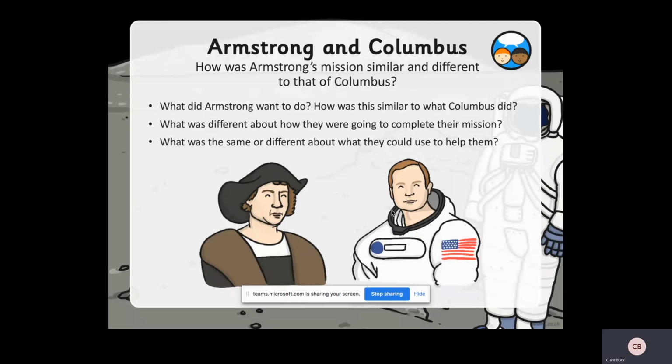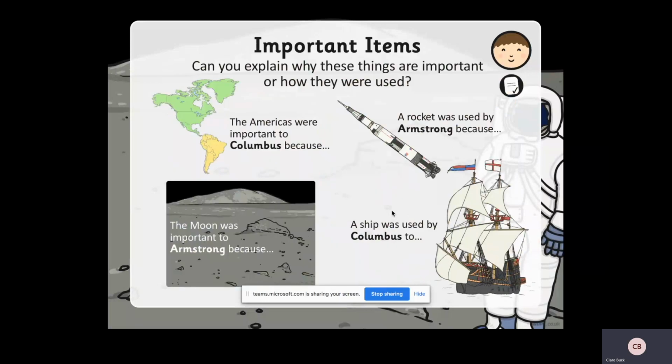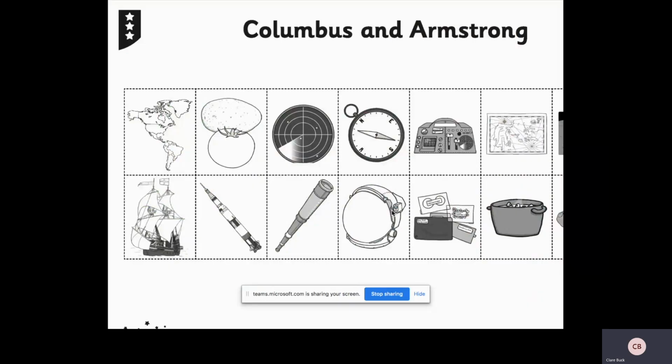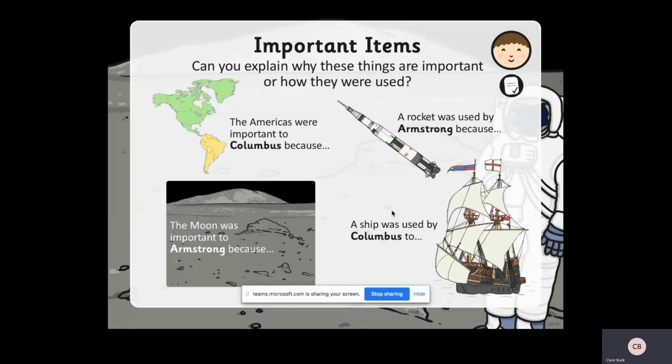So your activity today is to have a look at these items, and they'll be on a little sheet like this that I will attach to the PowerPoint. You're going to have a look at these items, have a think about which ones would belong to which explorer, and try and explain why they were important and how they were used.